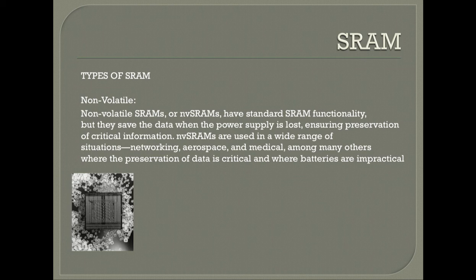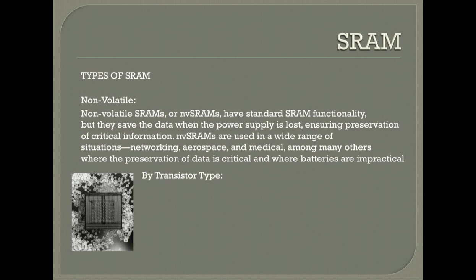NV-SRAMs are used in a wide range of situations nowadays, especially with all the new technological advances that we have, anywhere from networking to aerospace to medical devices, and tons of other things, where the preservation of data when something critical happens like a power outage is needed, and where batteries just aren't practical.